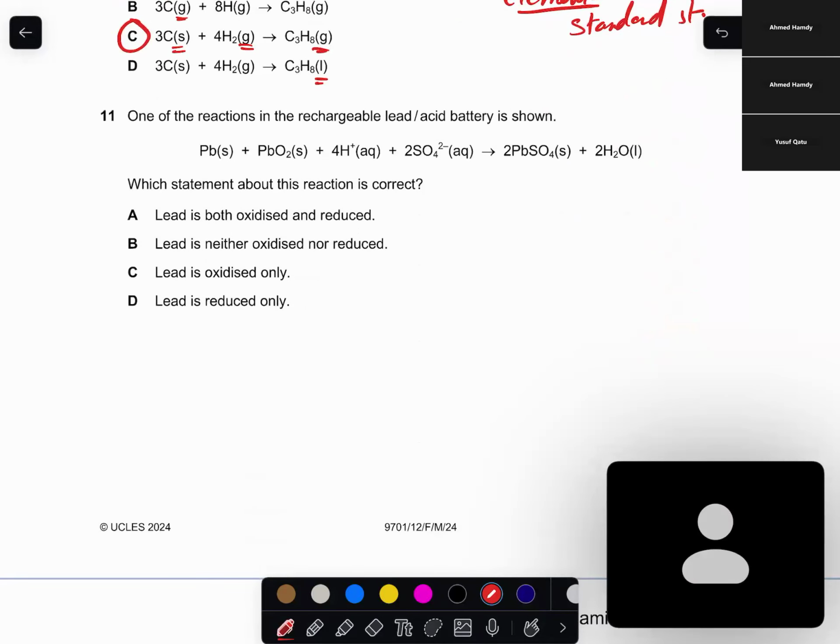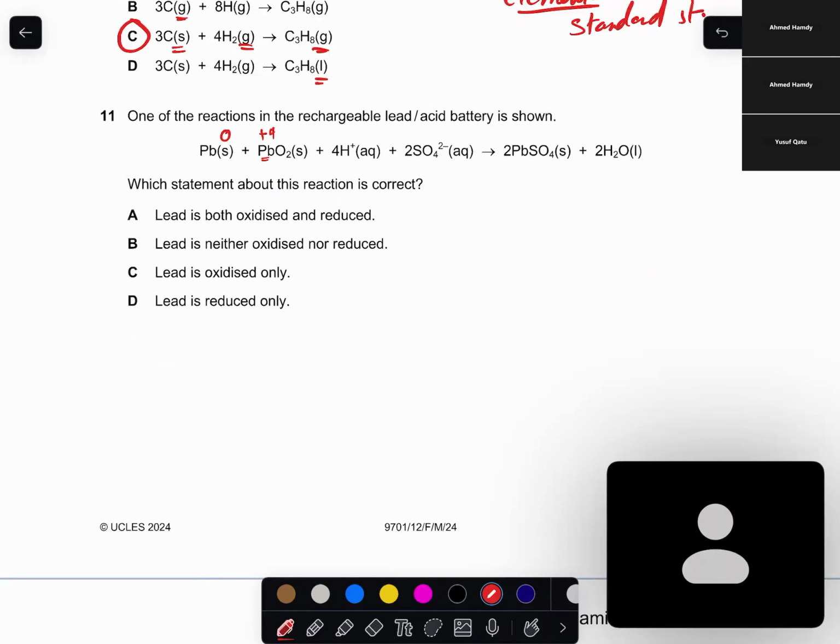Okay. One of the reactions in the rechargeable lead acid battery is this one. Which statement is correct? Lead is both oxidized and reduced. So what is the oxidation state of lead here? It's 0. And the oxidation state of lead here is +4, because oxygen is minus 2 times 2, minus 4. So lead should be +4.